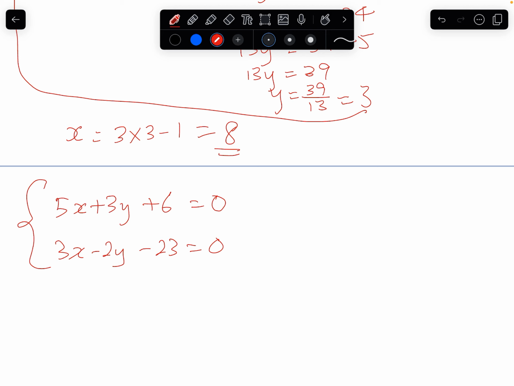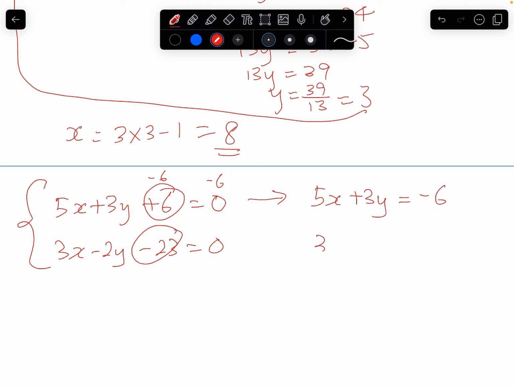But we could try to get these constants to be simply only on one side of the equation. So what I would do is, for the first one, I'm going to subtract 6 on both sides, because if I subtract 6, this is going to remove the 6, and I'm going to subtract 6 as well, so I'm going to get equal to -6.